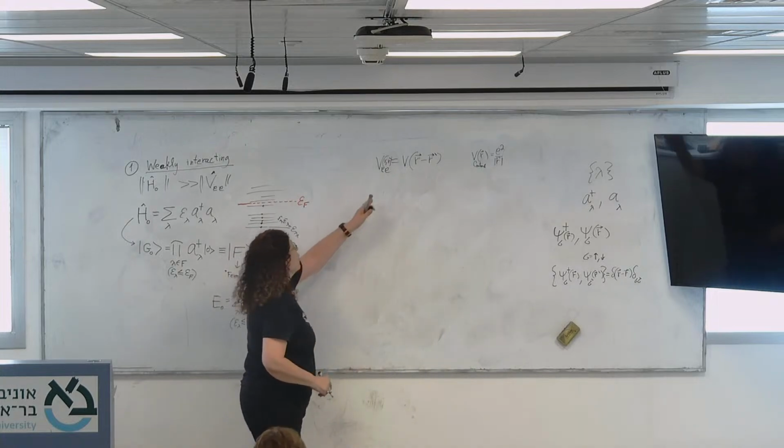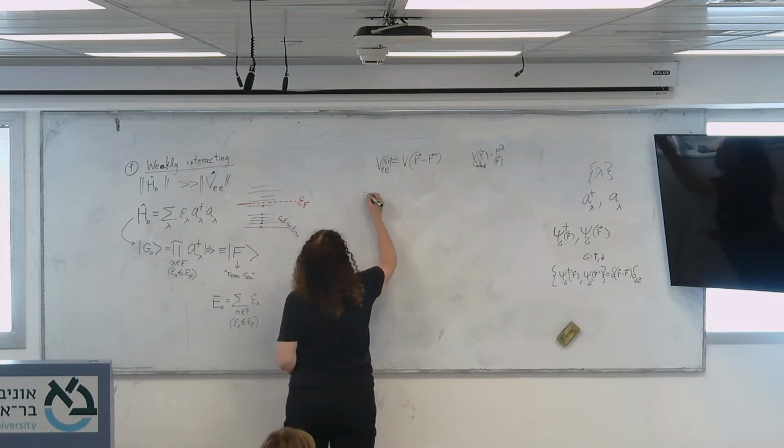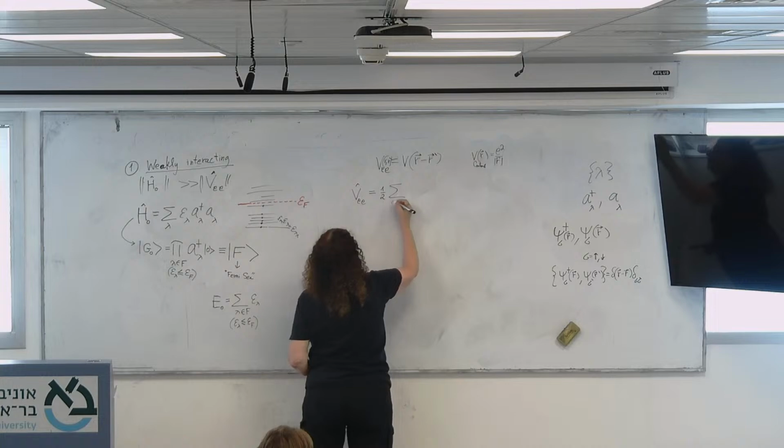But r is not a good quantum number, so how will I write the more general expression for V_ee? For the operator, it's 1/2 of a sum over lambda, lambda prime, lambda double prime, and lambda triple prime.